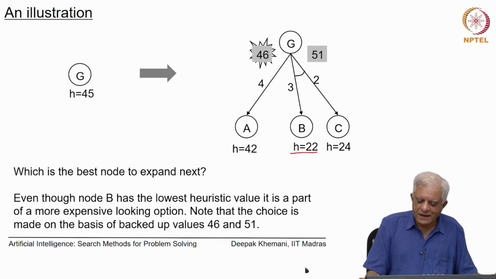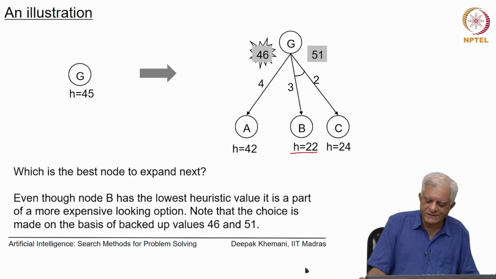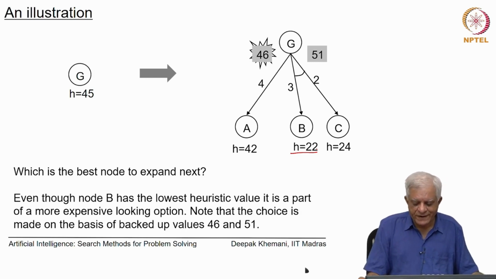From that perspective, if you were to refine the solution which contains B, then you would also have to refine the solution which contains C, and therefore, you would have to add the cost of B and C, which is 46, plus the two edges which is 3 and 5, that would be 51. Whereas, if you refine the node A, it has an estimated cost of 42 plus the edge cost of 4, and therefore, the total cost is 46.